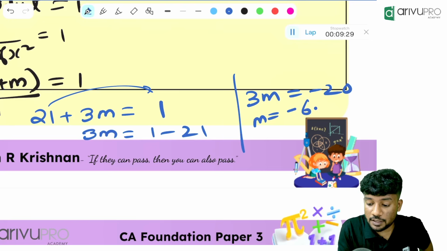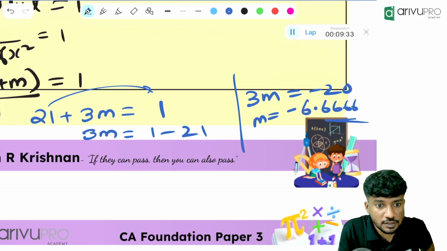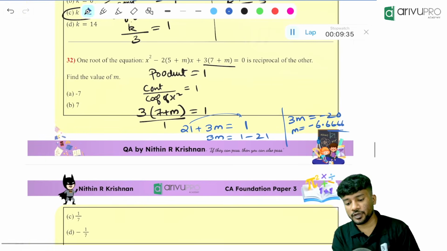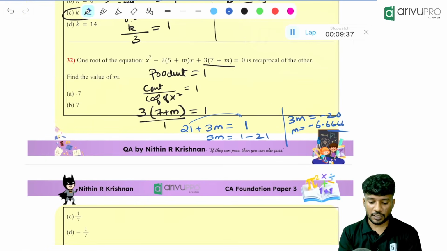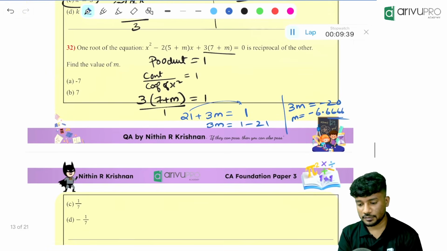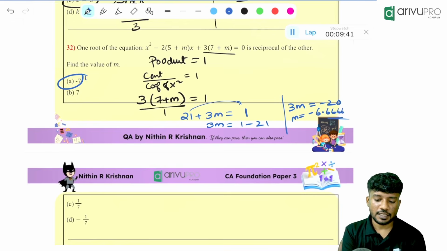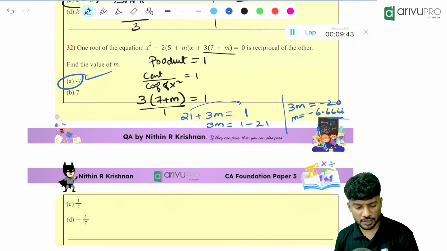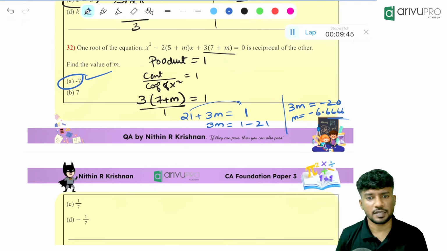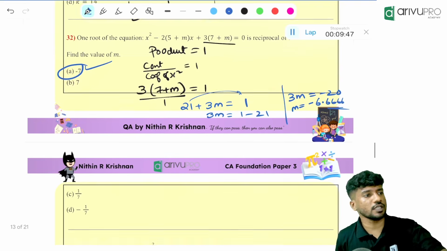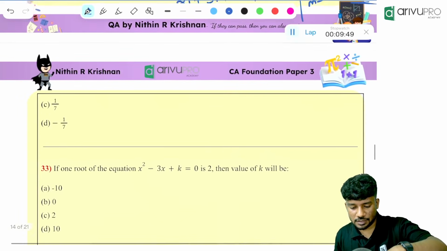Minus 6.666. Now tell me which is the nearest answer. Minus 7 is the nearest answer. Any other nearest answer? No. Answer option A is your nearest answer.